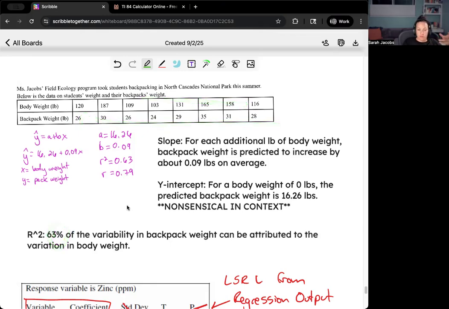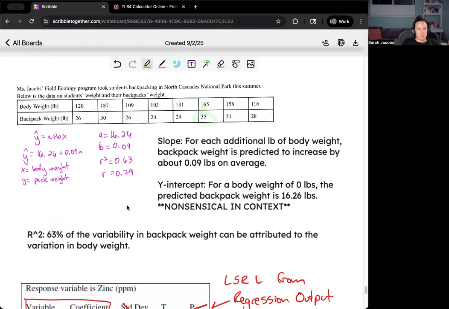There are other factors that influence backpack weight. Maybe this person with the 24-pound pack has a super light sleeping bag. They're also pretty small, but maybe that's a super light sleeping pad or sleeping bag. Maybe this person with the 35-pound pack, yeah, their body weight's a little heavier, but they're lighter than this person, but they're carrying a 35-pound pack.